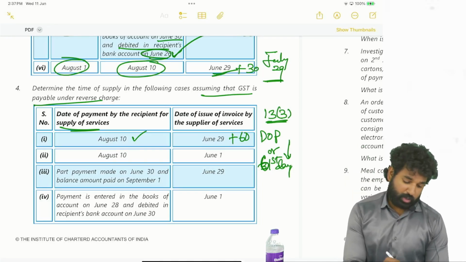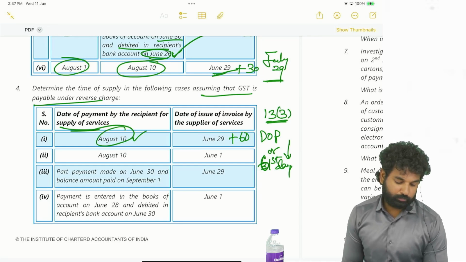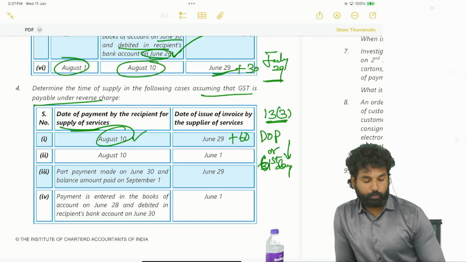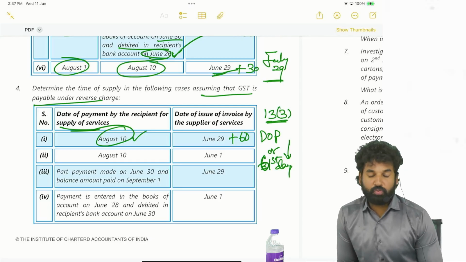Now, August 10th. Next, August 10, June 1.